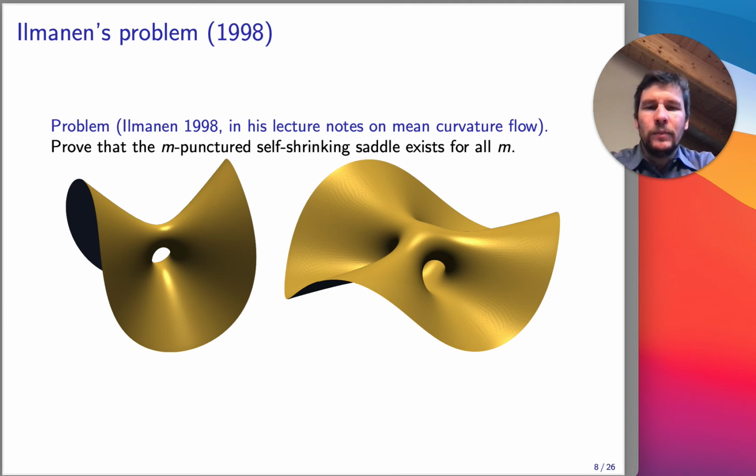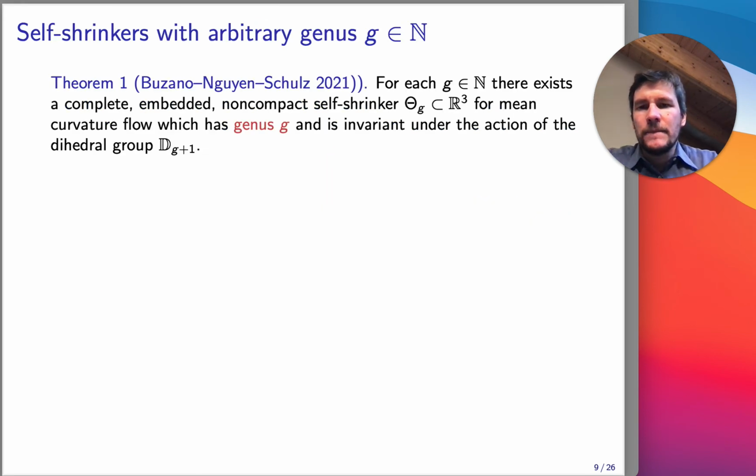And he put this problem: prove that this M-punctured saddle actually exists for any number of punctures. Okay? And our theorems that I want to present here are partially resolving this problem.